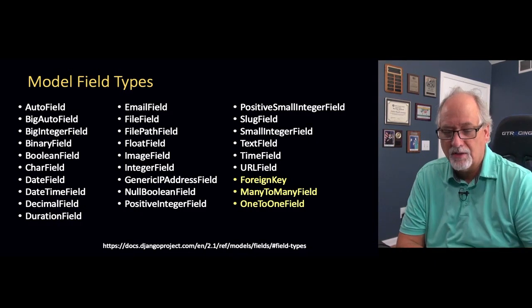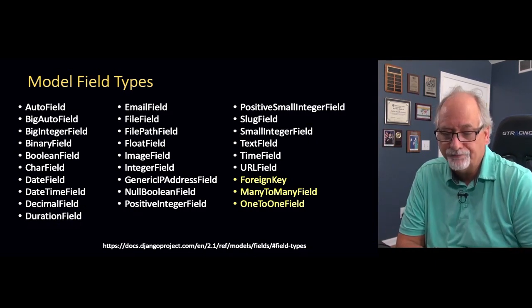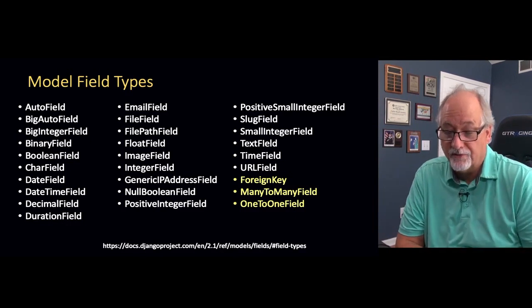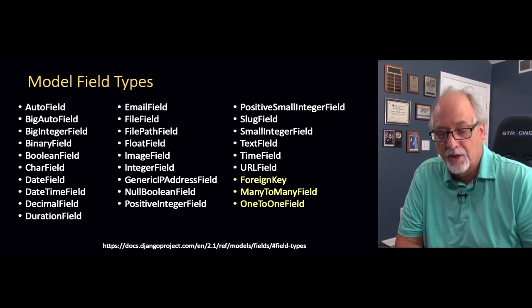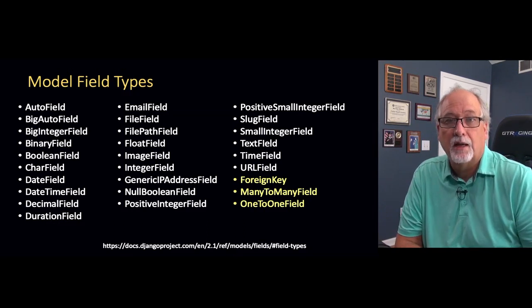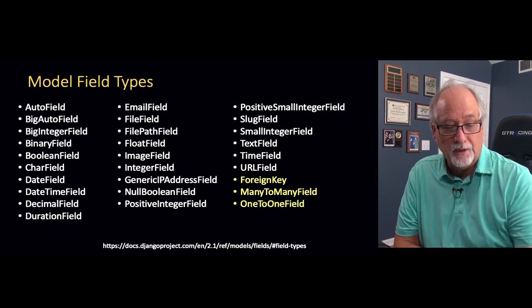There are all of these things, and these are very useful. Later we'll talk about connecting tables, and we'll use things like foreign keys and many-to-many fields and one-to-one fields, and those are less about the data and more about the connections between tables.